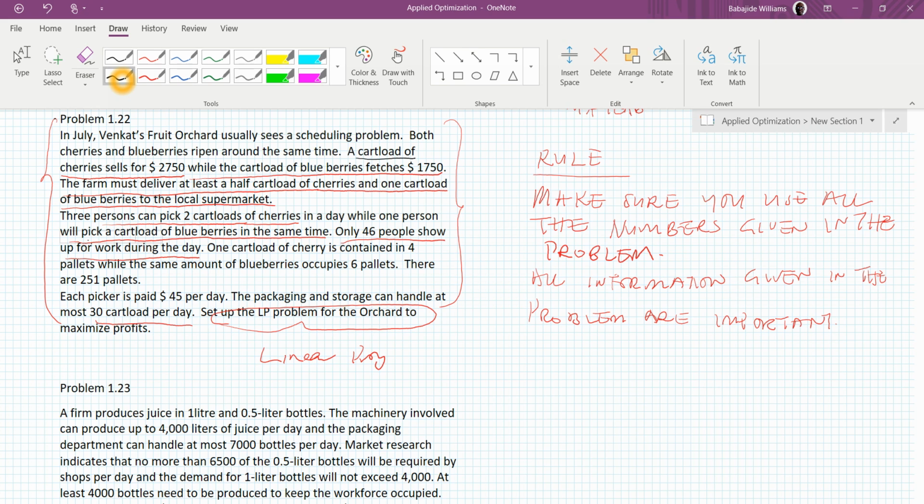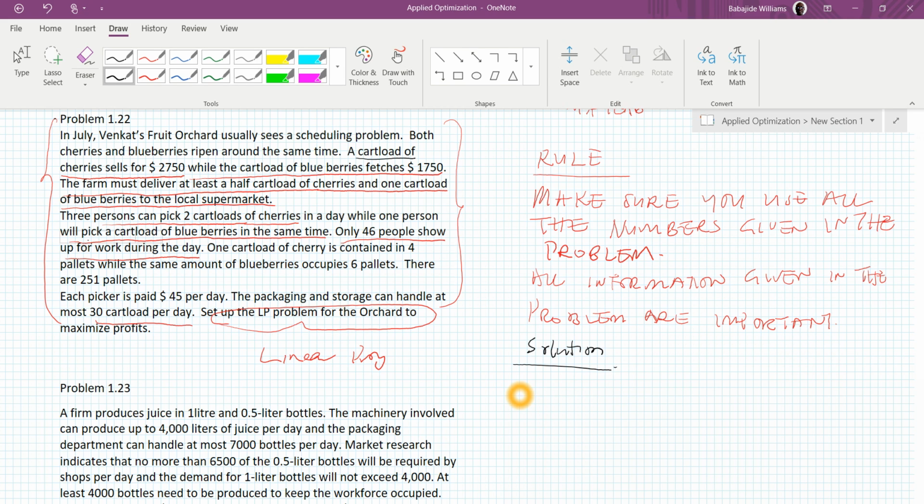So the first thing we will do here, let's write here solution. Before we can set up the linear programming solution for this problem, we need to have a sound understanding of what is required. Okay, so it says a cartload of cherry sells for $2,750.